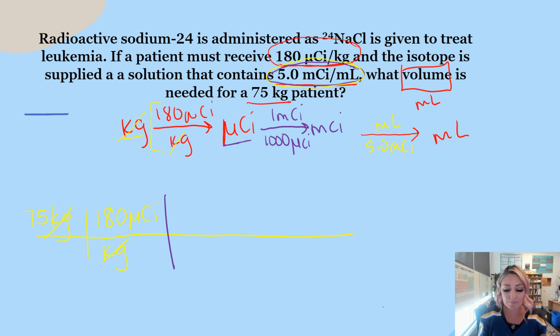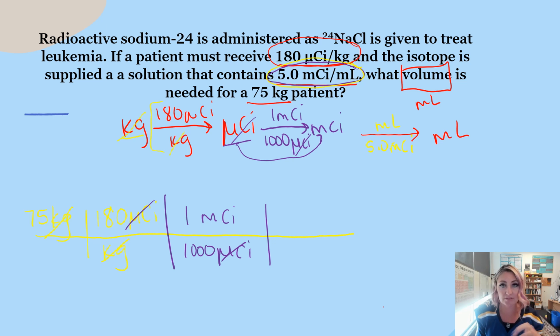I need to go from microcuries to millicuries, so I'm going to use this next conversion factor. And again, I wrote it in a way that shows them canceling. So I have 1,000 microcuries per 1 millicurie. And remember, we're not using this conversion factor in our sig figs because it is an exact number.